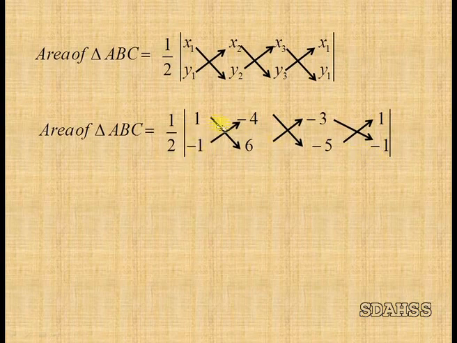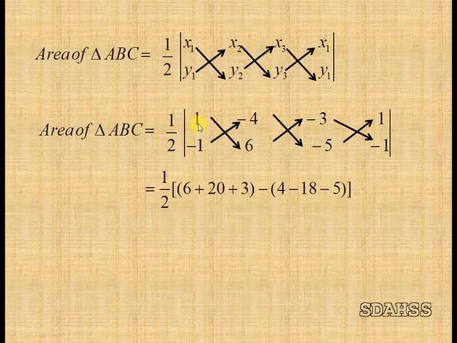Then cross multiply. Half into cross multiply: 1 into 6 is 6, minus into minus plus, 4 fives are 20, minus into minus plus, 3 into 1 is 3.